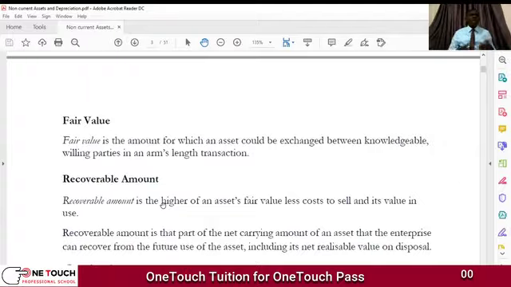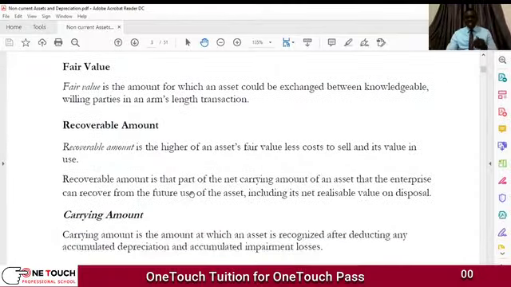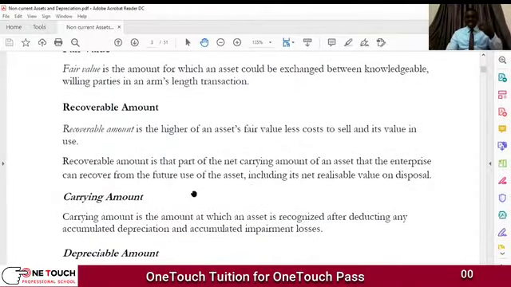Good. When we talk about recoverable amount, it's the higher of an asset's fair value, less cost to sell, and its value in use. Recoverable amount is part of the net carrying amount of an asset that the enterprise can recover from the future use of the asset, including its net realizable value of disposal.